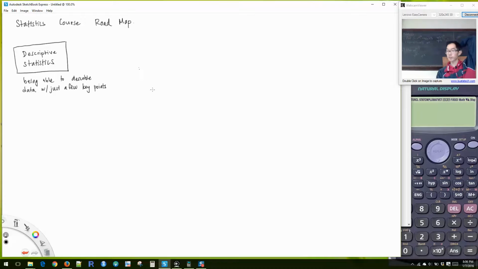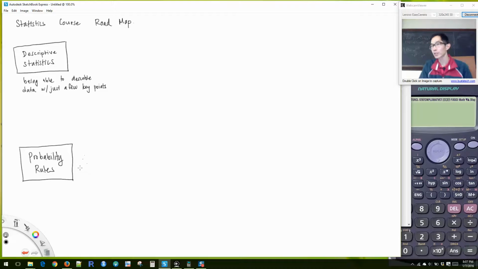Then next week, we'll get into probability rules. These start off with some basic rules of probability, and we'll build off of that into the following week, which will have probability distributions.